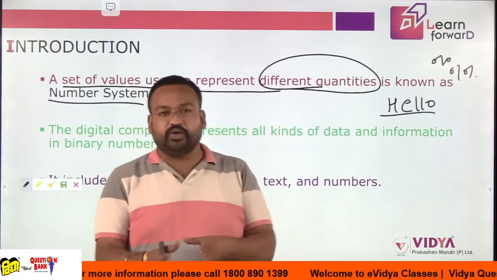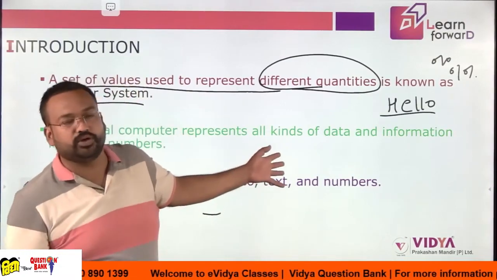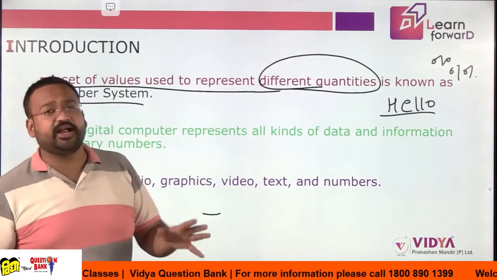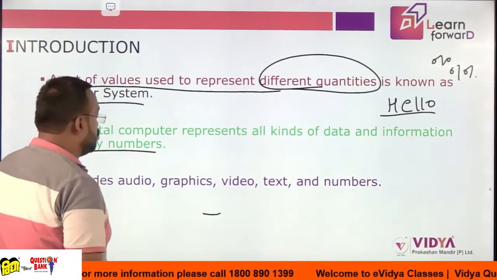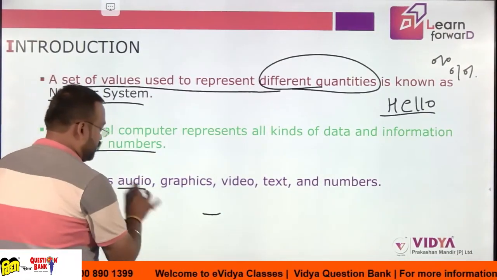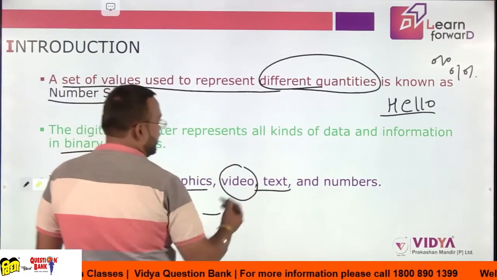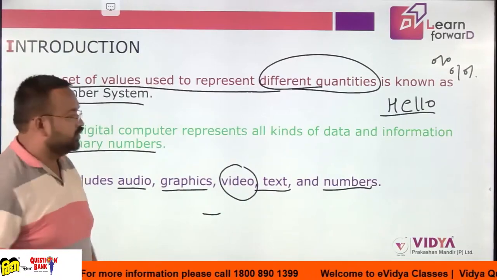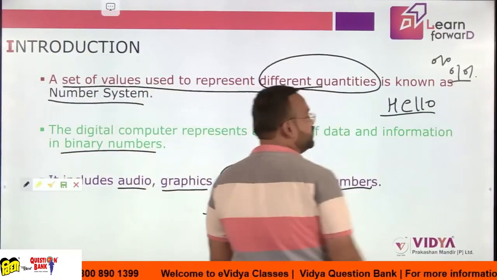Then it will understand what you are trying to write, and then it will show you on your computer screen. So this data and information, which includes audios, graphics, video files, text, and normal numbers like 1, 2, 3, 4, is all represented in binary format, that is 0101 form.